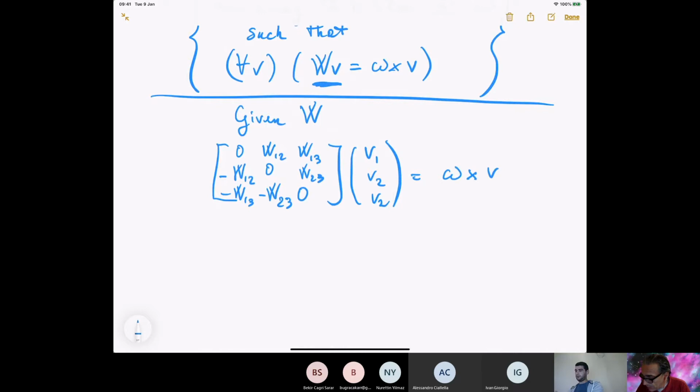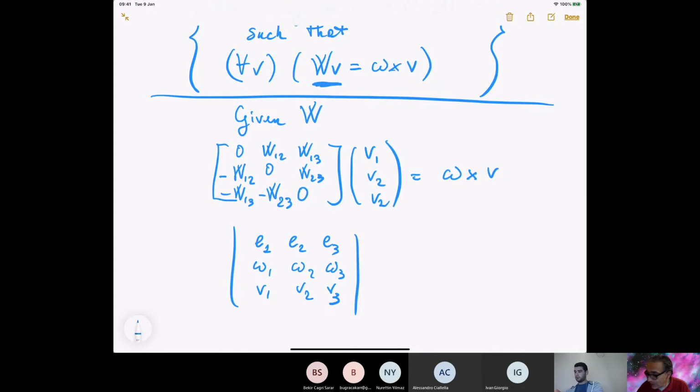For instance, you remember you have the rule E1, E2, E3, omega 1, omega 2, omega 3, V1, V2, V3, and you calculate formally this determinant.